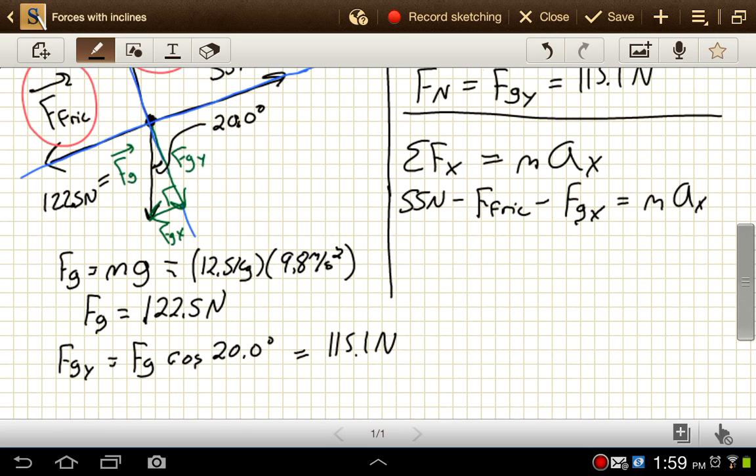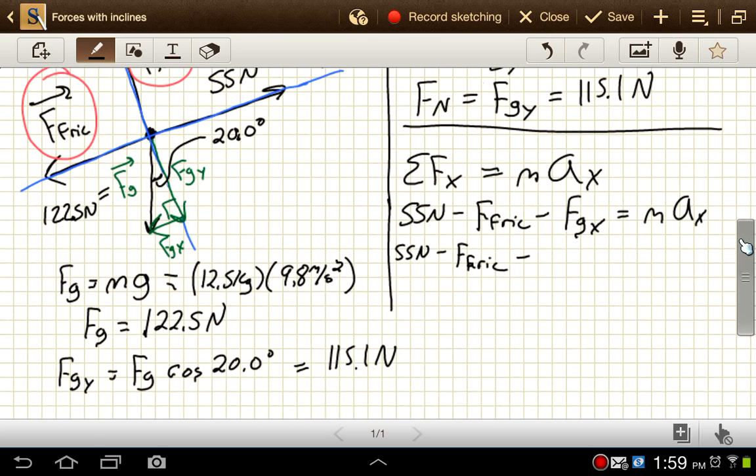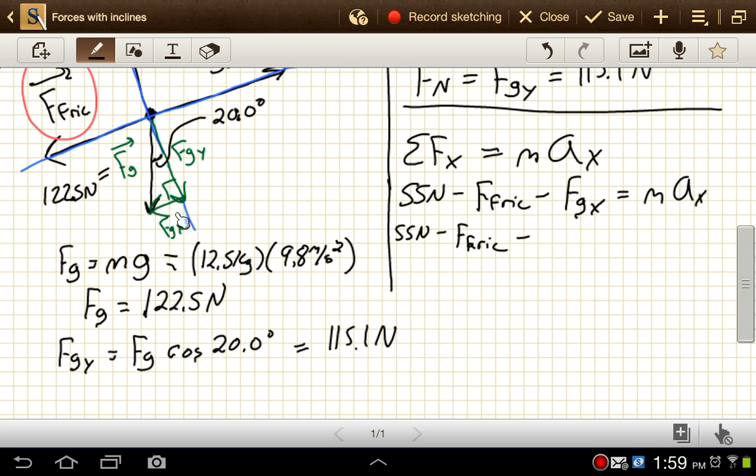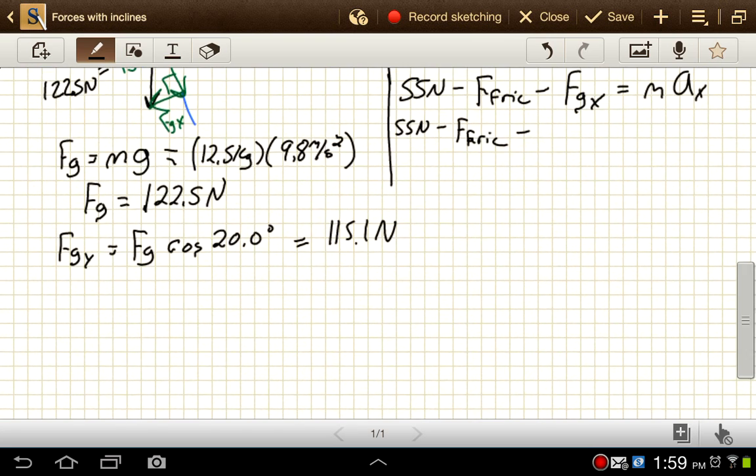And I can fill in a little bit more there. 55 newtons minus the force of friction minus, well, the x part of gravity I can figure out using trig again. That's in this right triangle. It's opposite of the angle over there, so FG in the x direction is going to be equal to FG times the sine of 20.0 degrees.